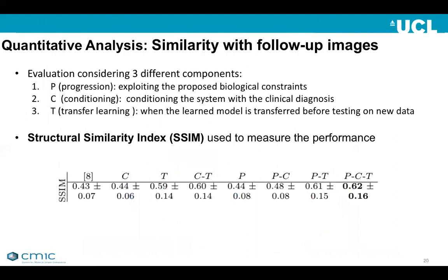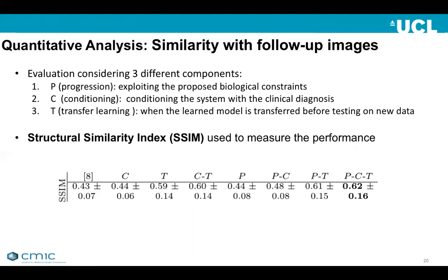For the validation, we use quantitative and qualitative analysis, and we analyze the different components of this framework to verify which one provides the best contribution. We assign a letter to each of these components, and we also combine these components differently.